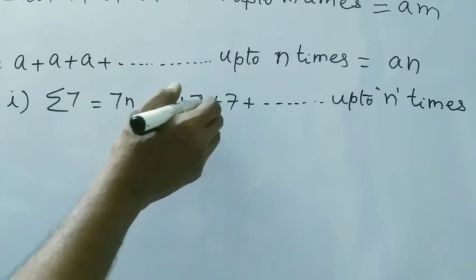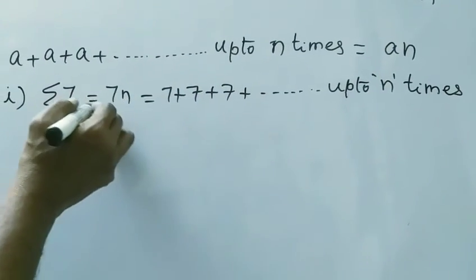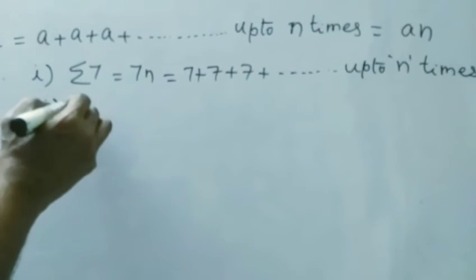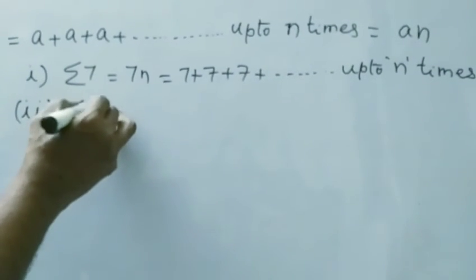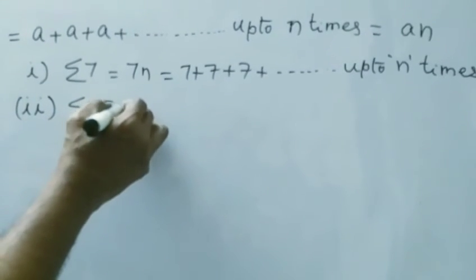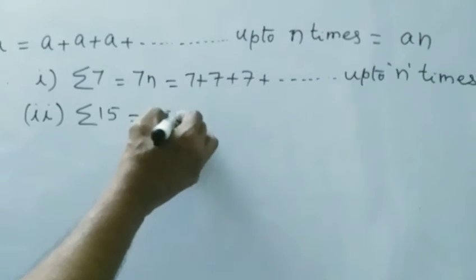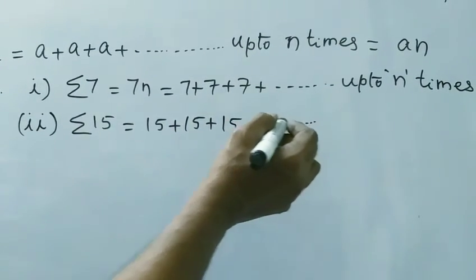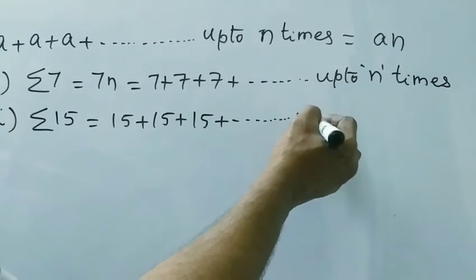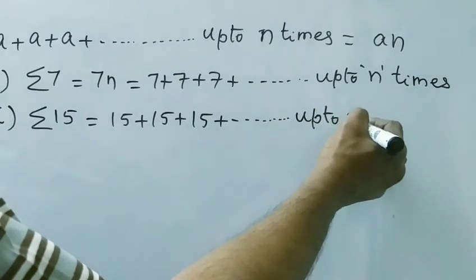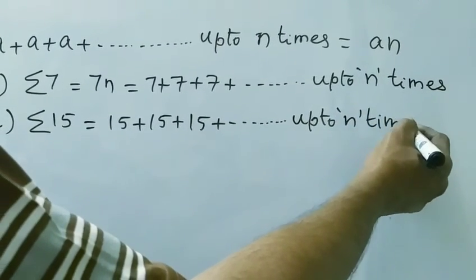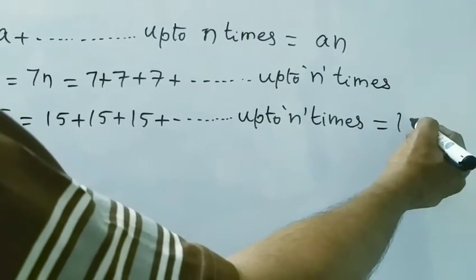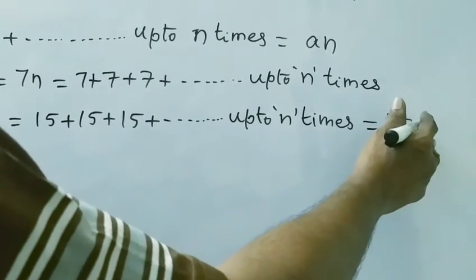And the second one: summation of 15 is equal to 15 plus 15 plus 15, and so on up to n times, is equal to 15n.